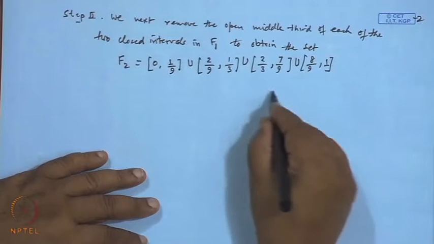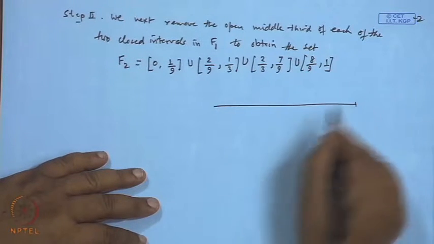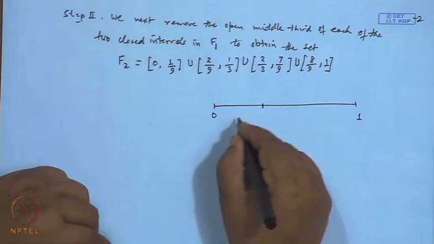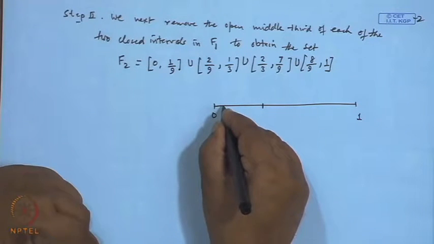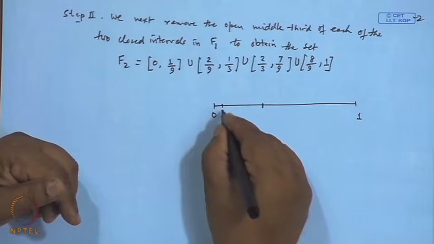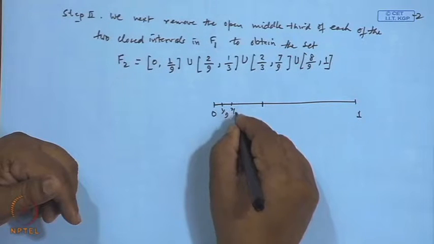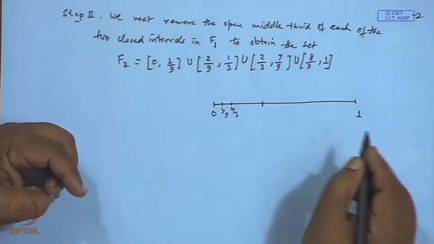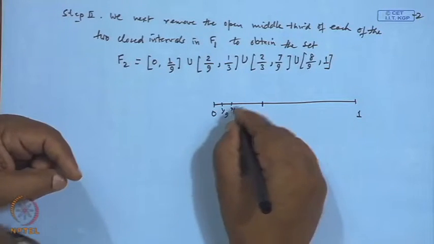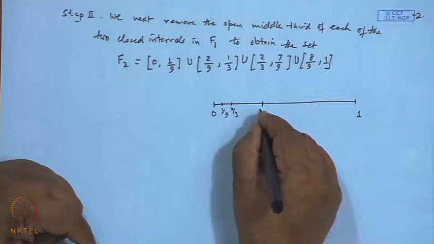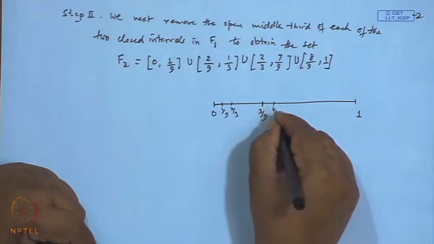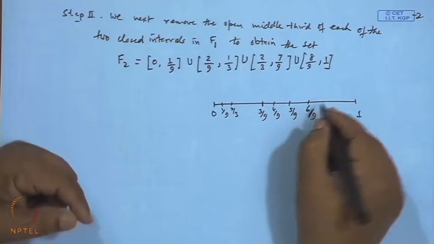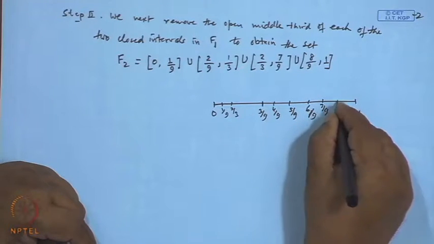Basically, if we have this structure, suppose I have [0, 1], with points 0, 1/9, 2/9, 3/9, 4/9, 5/9, 6/9, 7/9, 8/9.